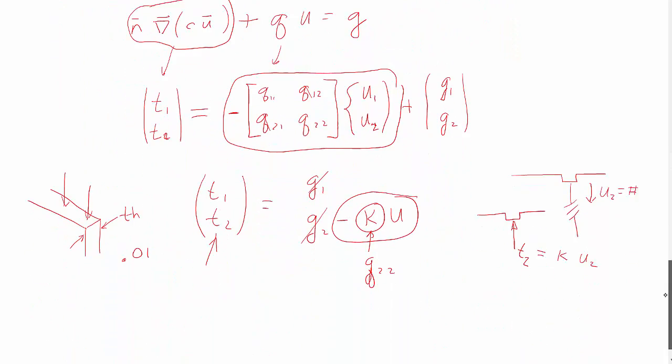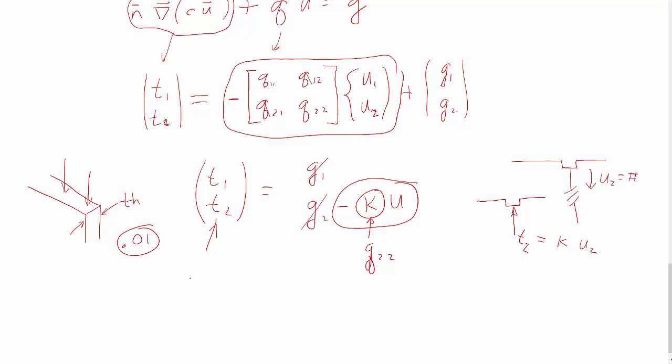That's right, 0.01. So what I want is a traction load that is going to be some force divided by 0.01 times this wart length.